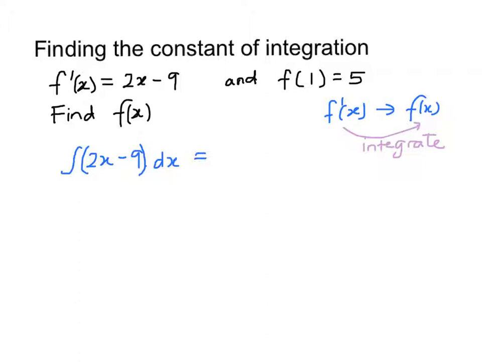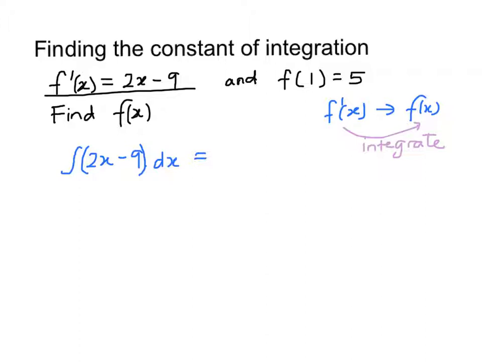Okay, so finding the constant of integration. Basically, you'll be given the gradient equation, and from that you'll also be given a coordinate point that's on the graph. From the coordinate you can work backwards. So looking at this one, we know that the gradient function is 2x minus 9. We want to find the function.